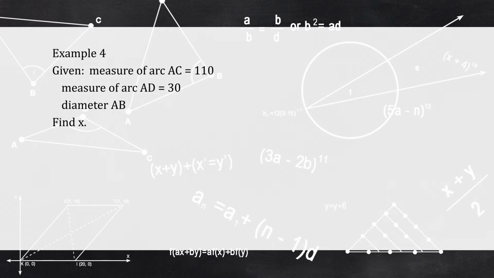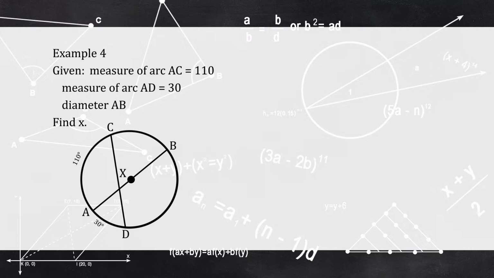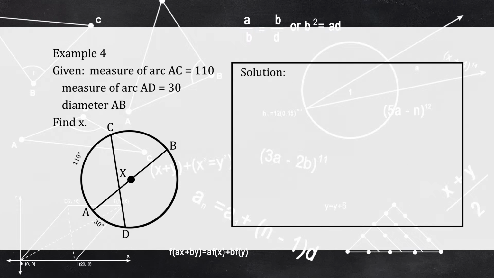Example 4. In the given figure, measure of arc AC is equal to 110 degrees. Measure of arc AD is 30 degrees and AB is a diameter. Find x. Arc AB is a semicircle. Thus, 110 degrees plus measure of arc BC is equal to 180 degrees.